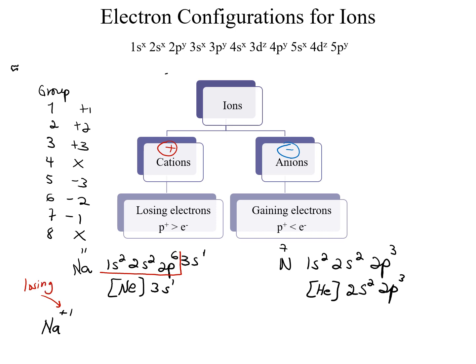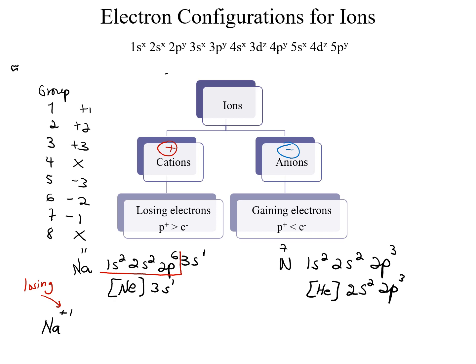The positive sign is telling you that that element is losing electrons, and then the magnitude of that charge is telling you how many electrons that atom is losing. So sodium with a charge of +1, or the ion of sodium, is going to have 10 electrons, not 11. 11 is what you have for the neutral element, 11 protons, 11 electrons.